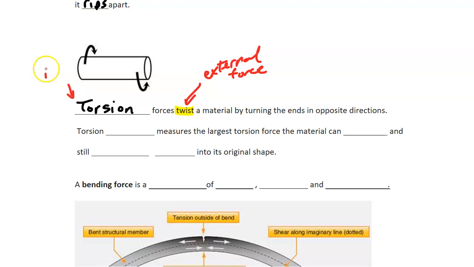Torsion is the internal, what we actually see happening within the molecules. Torsion strength measures the largest torsion force that it can withstand and still spring back into its original shape.